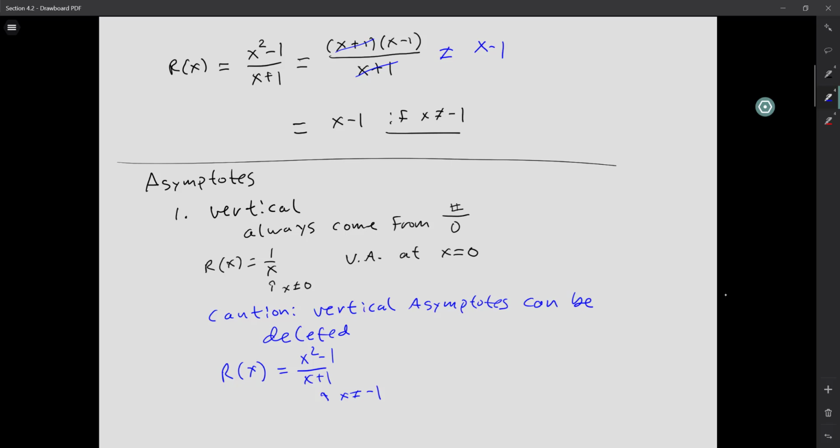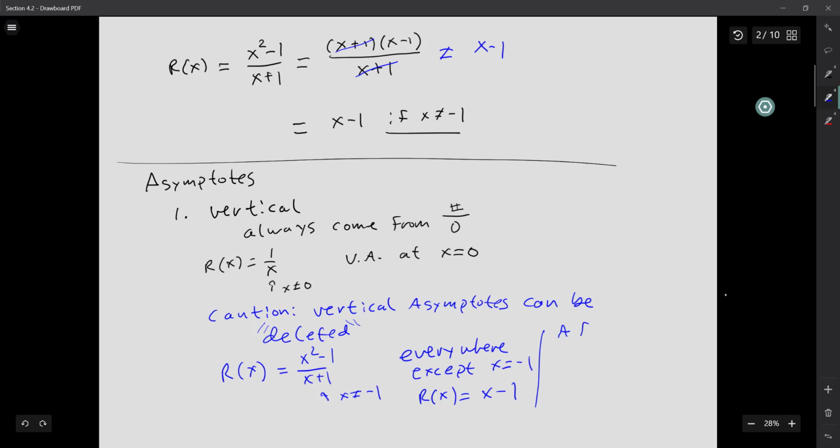So what this says is that everywhere except x equal to minus 1, r of x is equal to the line x minus 1. At x equal to minus 1, I have a vertical asymptote, but it kind of got deleted, and instead this is going to be a hole.